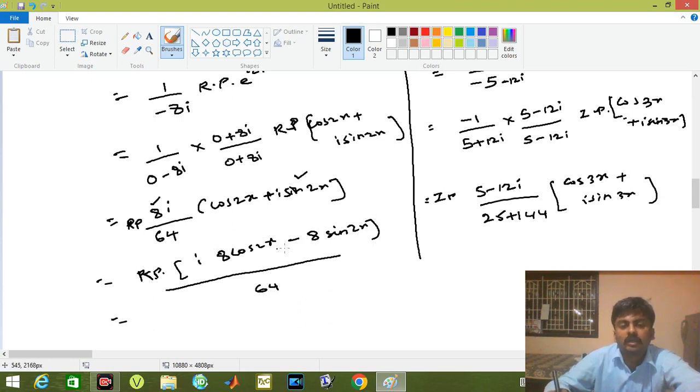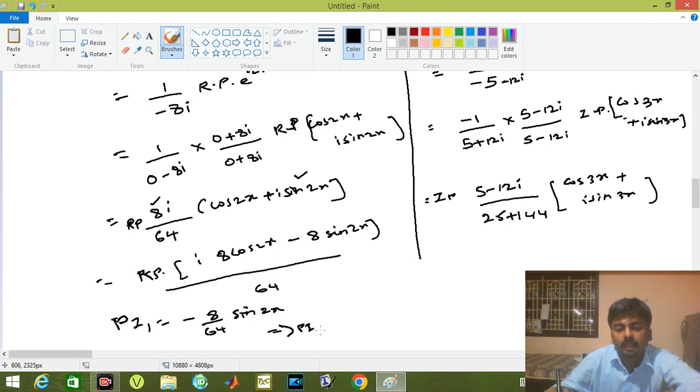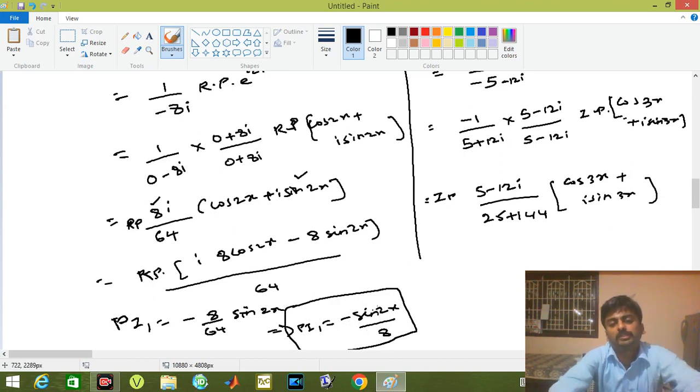The term which does not have i is the real part. The 8 and 64 cancel to give minus 8 by 64 of sin 2x. It implies PI1 equals minus sin 2x by 8. This is your PI1.